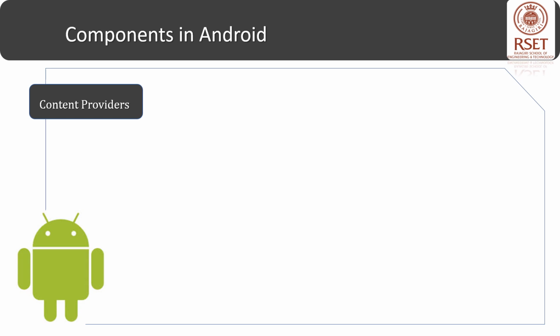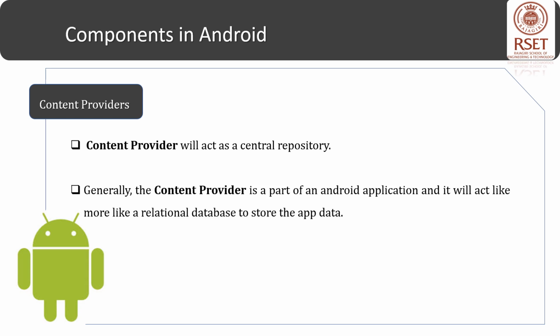Here comes the relevance of using content providers. Content providers act as a central repository to store the data of the application in one place and make that data available for different applications to access whenever it is required. So it's more like a relational database to store the app data.